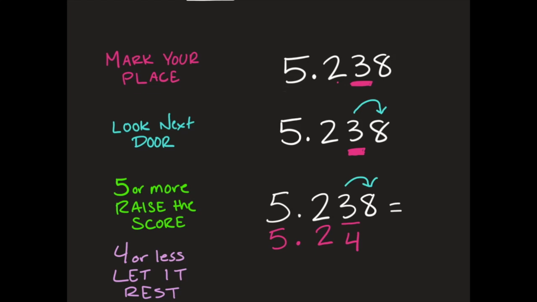When I round 5 and 238 thousandths to the nearest hundredth, my answer is 5 and 24 hundredths. That 8, whatever is after, does become a 0, or you just do not include it in your answer, because I want to end in that hundredths place. So: mark your place, look next door, 5 or more, raise the score, 4 or less, let it rest.